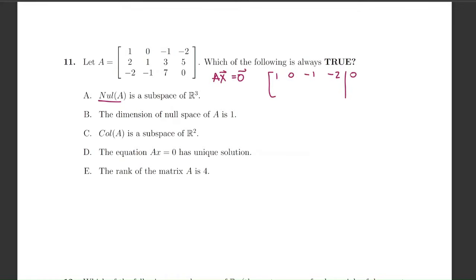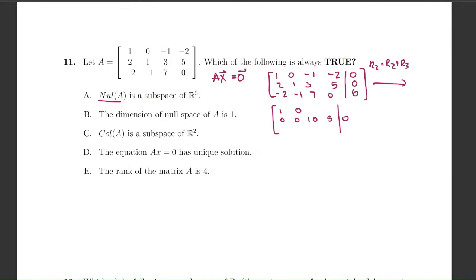So we write out our augmented matrix like this, and then we just row reduce to see what the spanning vectors will be. One way to do this: I'll do row 2 equals row 2 plus row 3. I'm just going to add row 2 and row 3 together. This gives me 0, 0, 10, 5, 0.